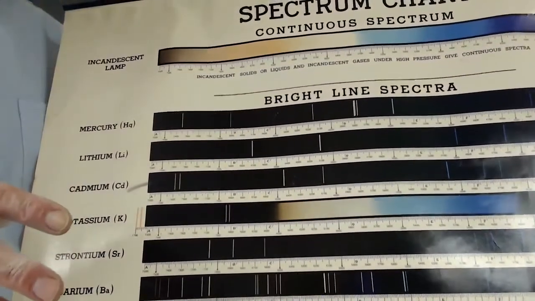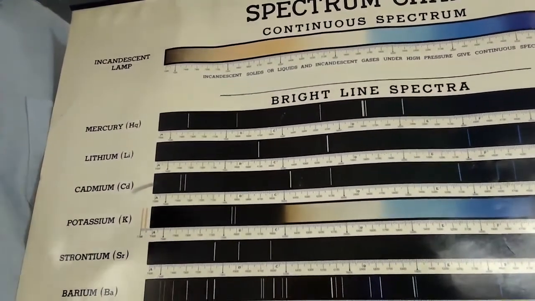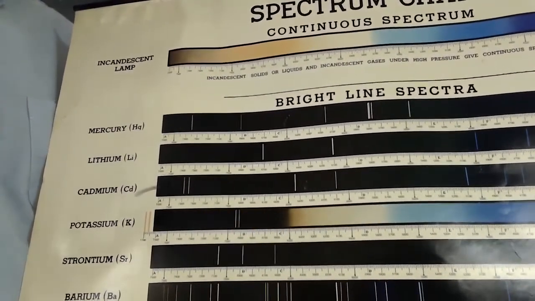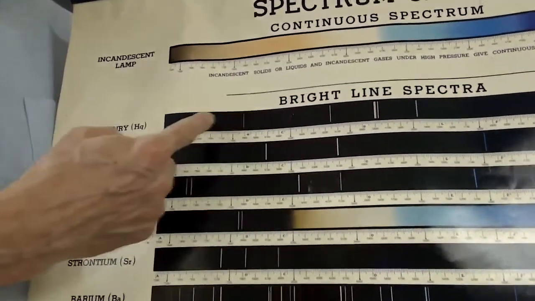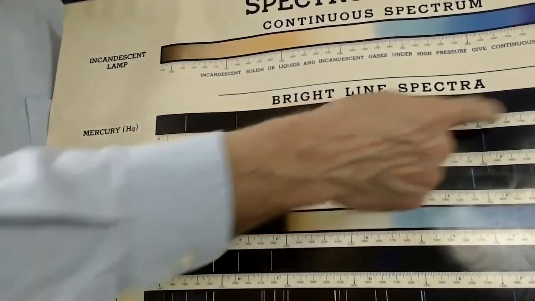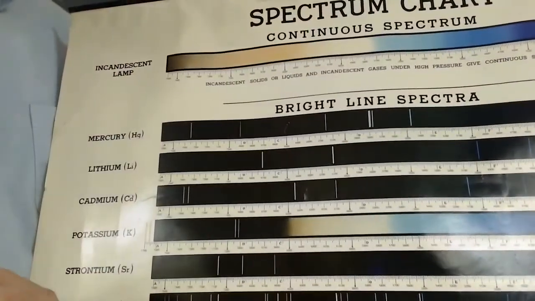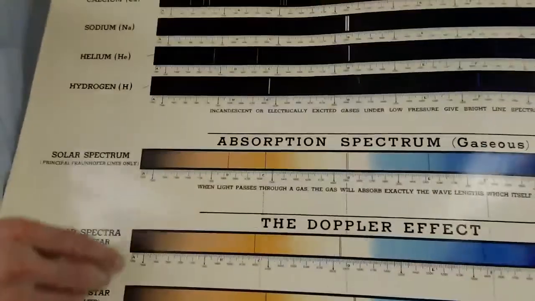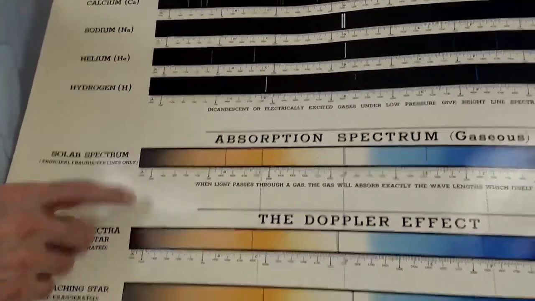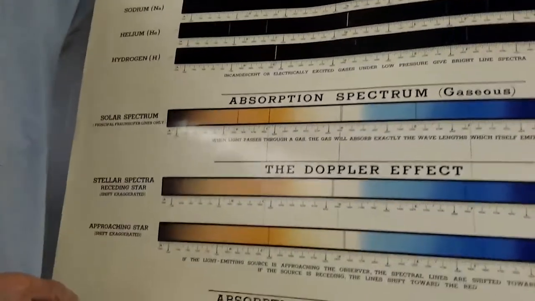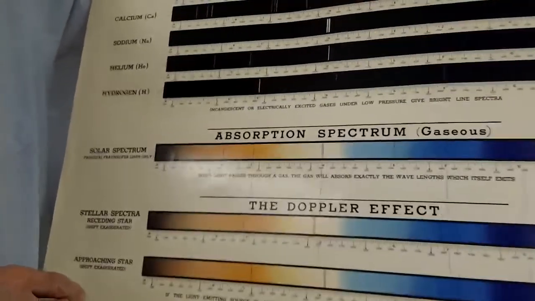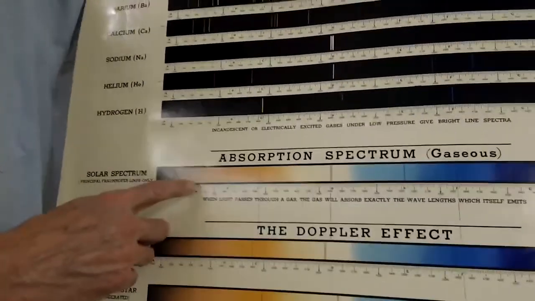A thin gas, if you make it glow, gives off only certain special wavelengths. All the others are missing. And then the third possibility is an absorption spectrum. So what do we have here? Well, it doesn't matter which element it is.